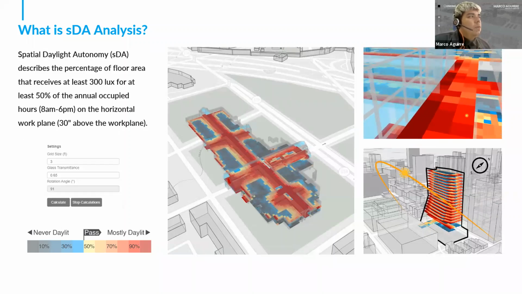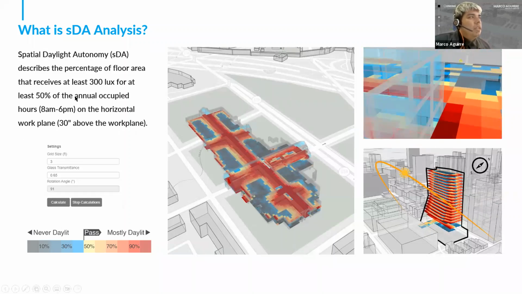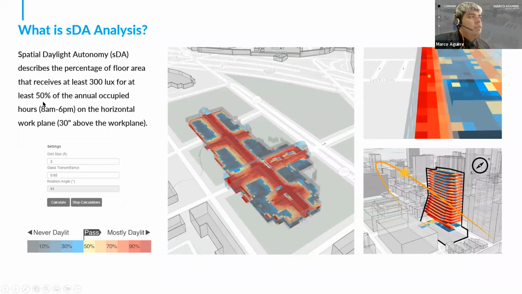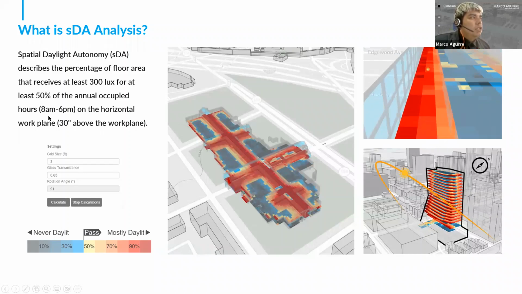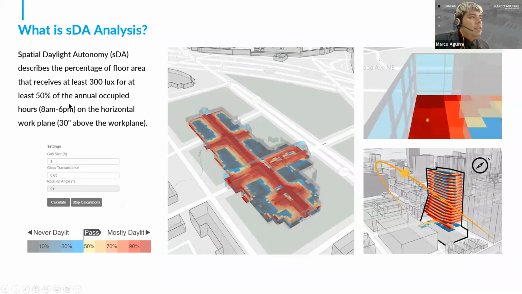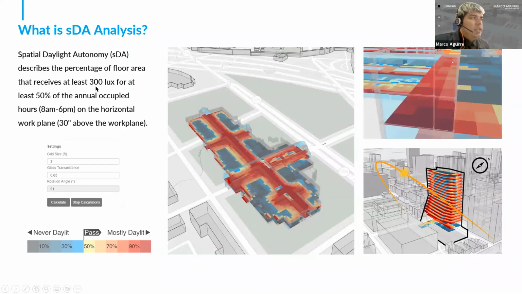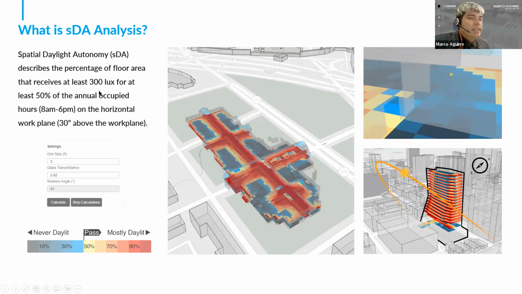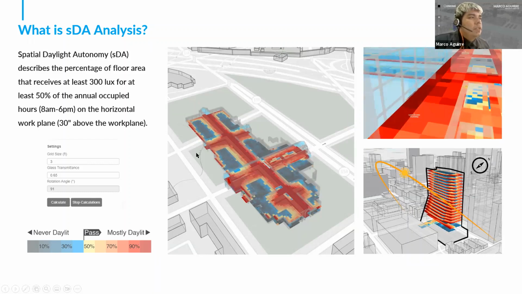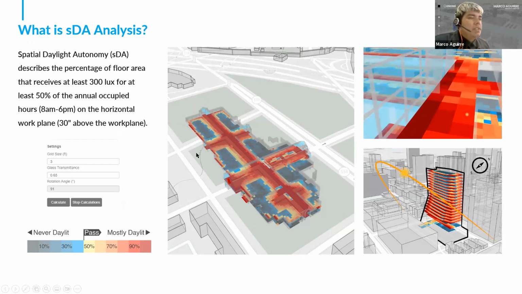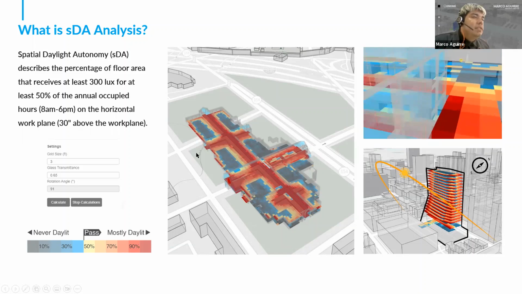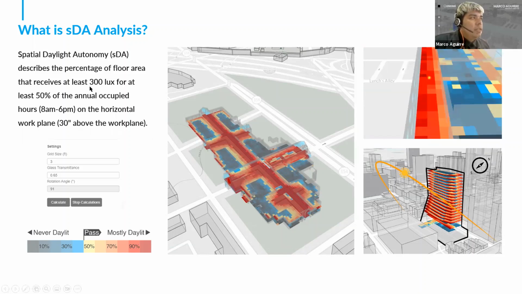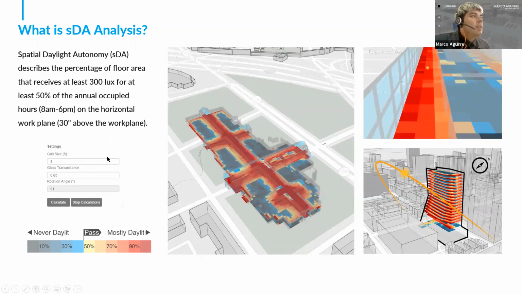And then for calculating SDA, we're specifically looking for the percentage of the occupied hours where we're receiving over 300 lux. So 300 lux is what we'd consider a well daylit space. So if you're currently in an office building and it's pretty bright outside and you can turn off your electric lights and it's still considered a well daylit space, that's around 300 lux.